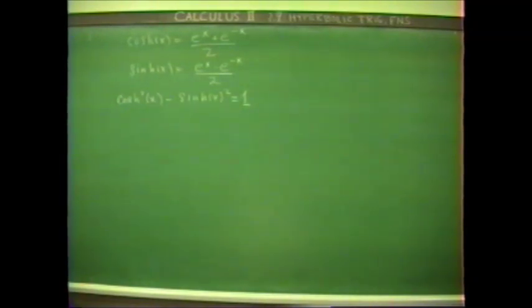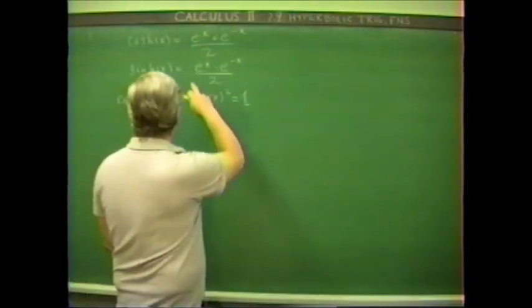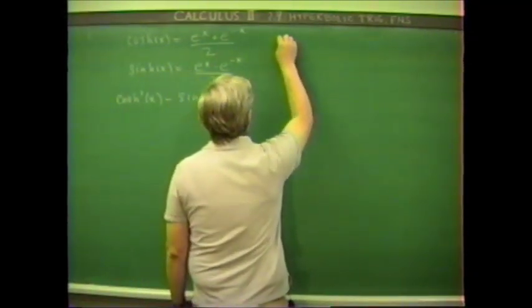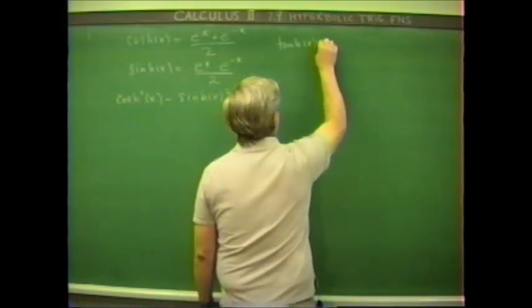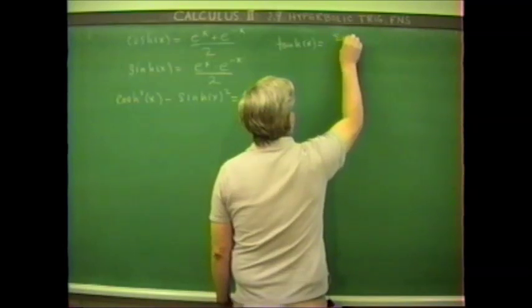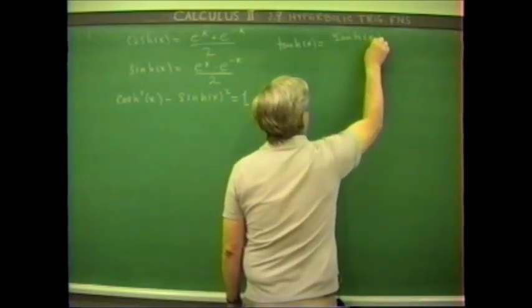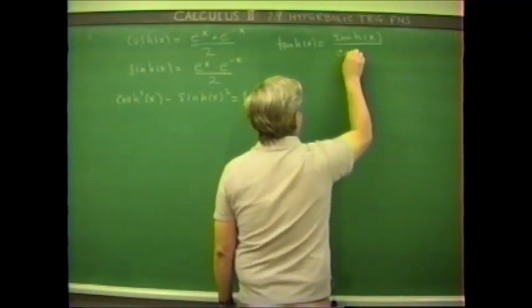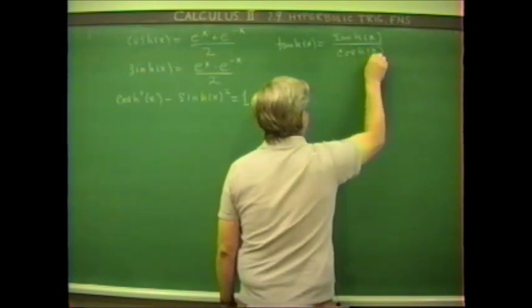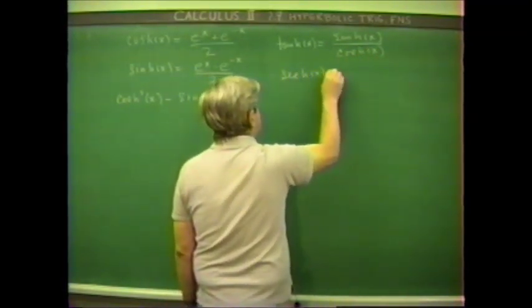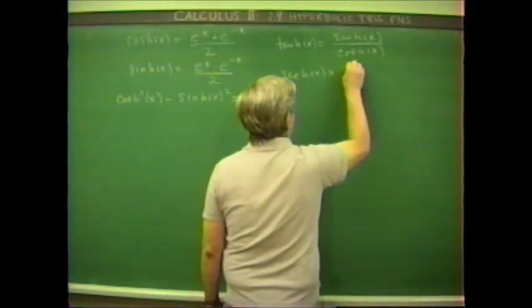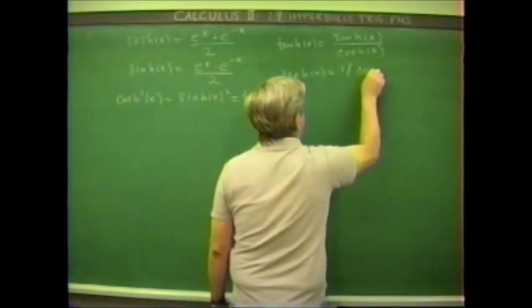Now the other hyperbolic functions are defined naturally in terms of the sine and the cosine. That's to say, the hyperbolic tangent is the hyperbolic sine divided by the hyperbolic cosine. And the hyperbolic secant is 1 over the hyperbolic cosine.